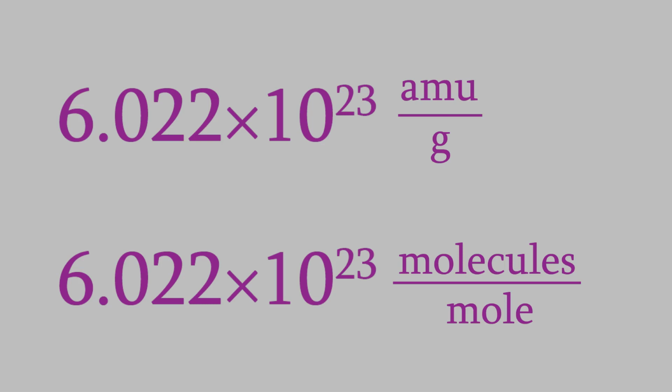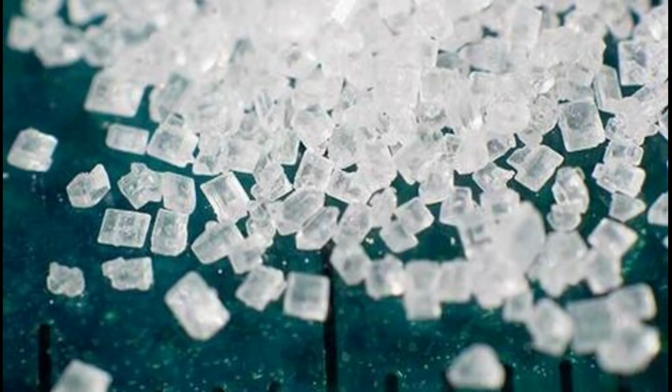It's hard to grasp just how huge this number really is, but here's one way to think of it. Suppose we have sugar crystals. How much sugar would we need to have in order to have Avogadro's number of sugar crystals? Well, suppose each sugar crystal is a cube, about 1/10 of a millimeter on a side.